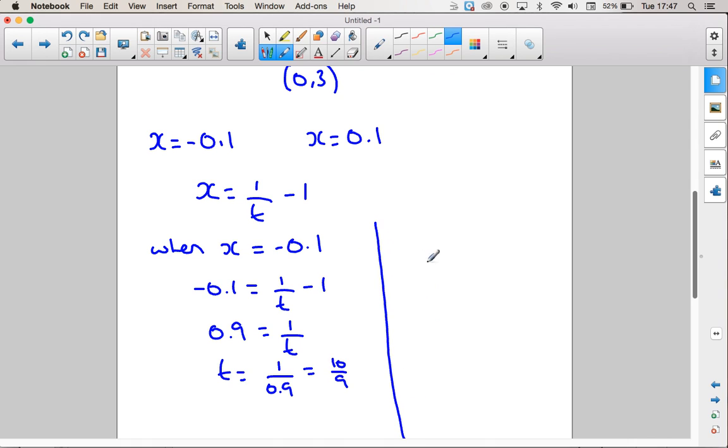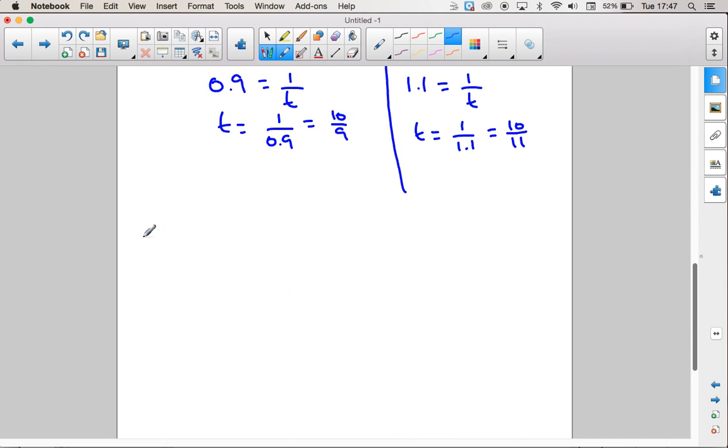And when x equals positive 0.1, that's going to give me 1.1. t will be 1 over 1.1. If I add that 1 over, I'll get 1.1 here. And so t is 1 over 1.1, or 10 over 11.